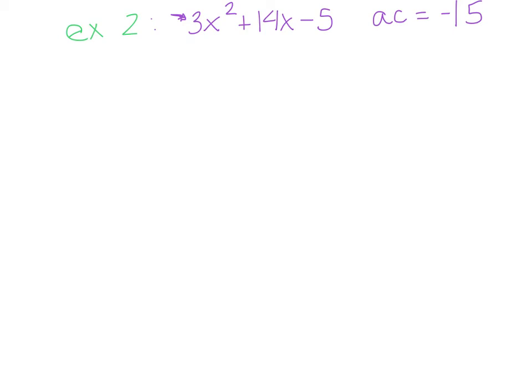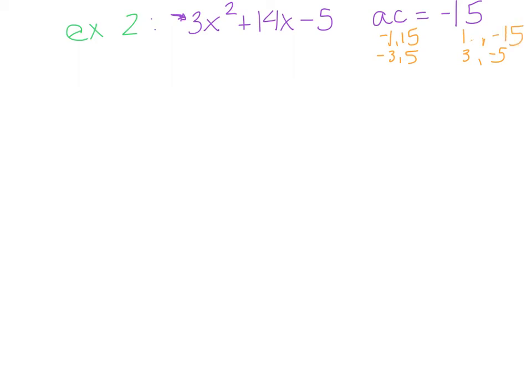So we have to look for factors of negative 15. Okay, things that multiply to give us negative 15. Well, remember, we went through this yesterday, like negative 1, 15, 15, negative 1, negative 3, 5, 3, negative 5, 1, negative 15.